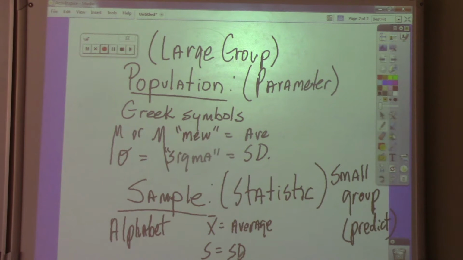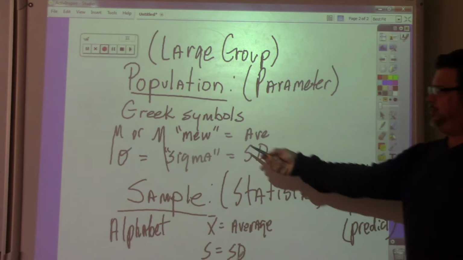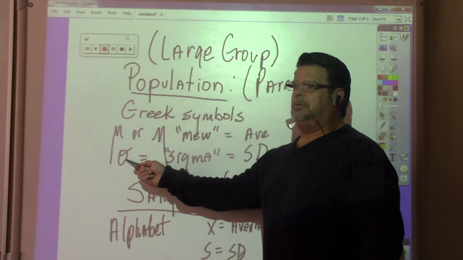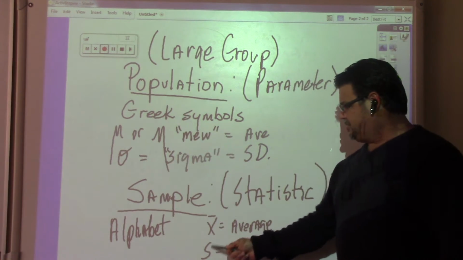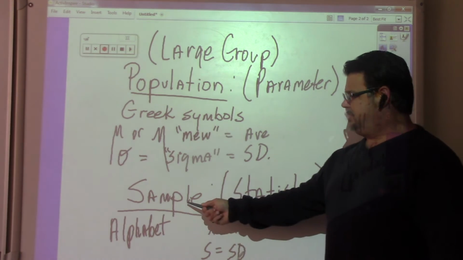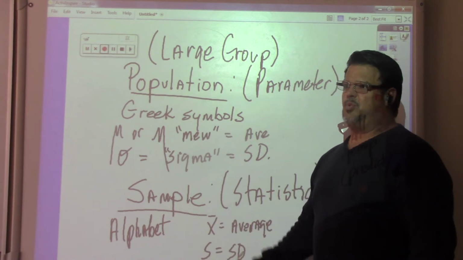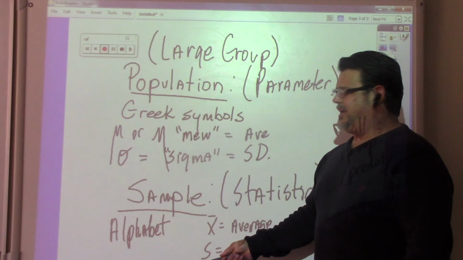So if you're in a meeting in the future, the next 5 or 6 years, and some dorky guy is giving these kinds of numbers, and you see mu or you see sigma, then you know it's the population. If you see S or X, then you know it's the sample. And that's why you have to know this. Okay, it's not much.